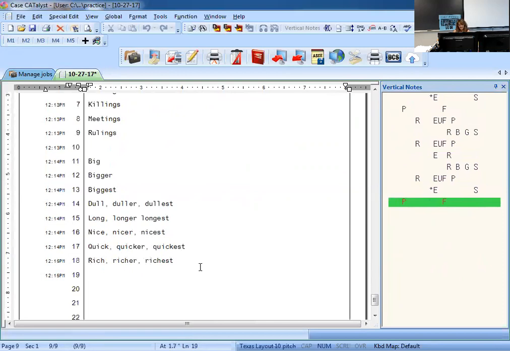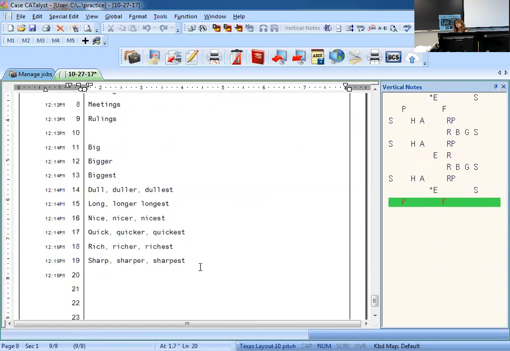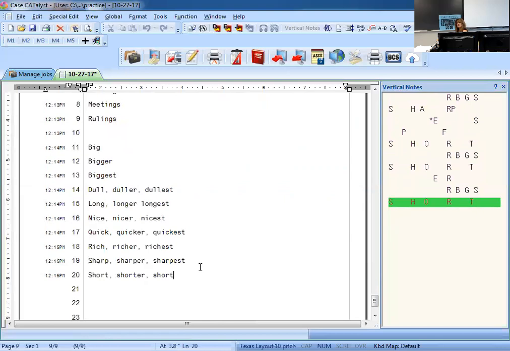Anything that ends in an EST ending is going to be ES asterisk. Sharp, sharper, sharpest. Okay. Short. He was shorter, and then he was the shortest in the class.